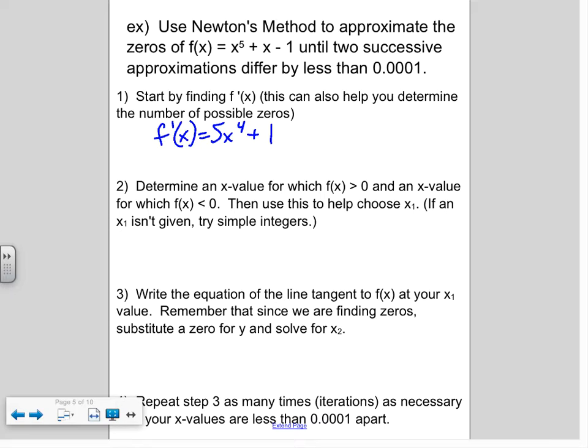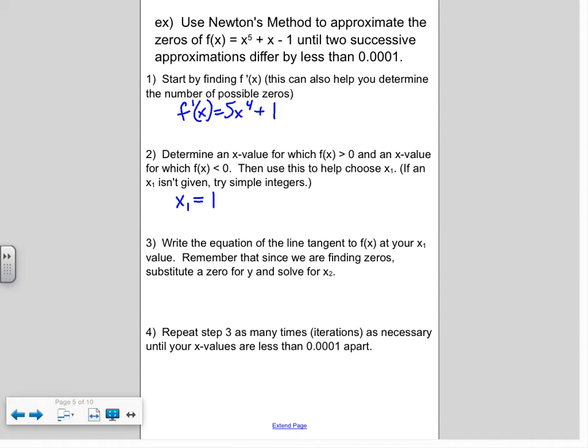So I'm going to start with my x1 equaling 1. Sometimes in the homework they will give you the first x to start with, and sometimes you'll have to come up with it yourself. All right, so now we want to write the equation of a line tangent to f at our x1 value.